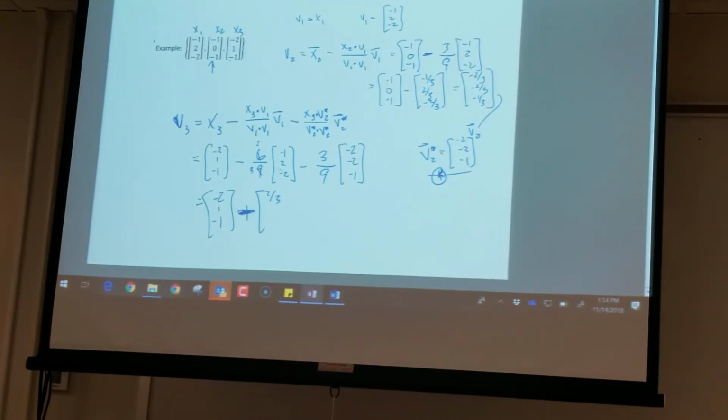I'm getting mixed up now. 4/3 minus, and then this is positive 4/3. And everything here is going to be positive, so it's 6/9, 6/9. Oops, let's reduce that. So 2/3, 2/3, 1/3.